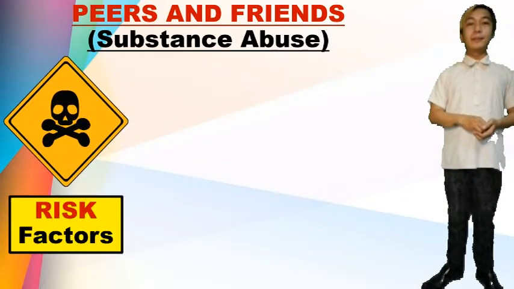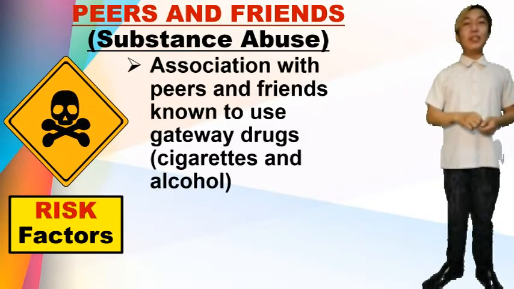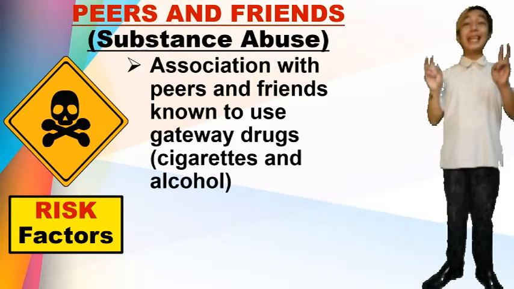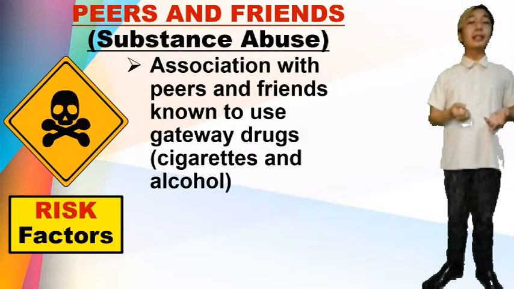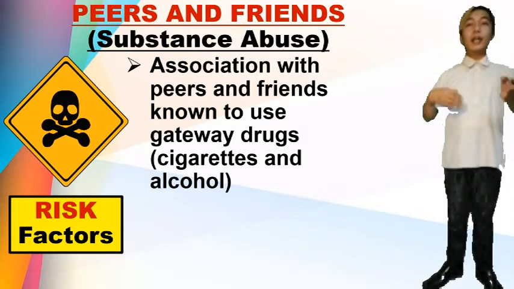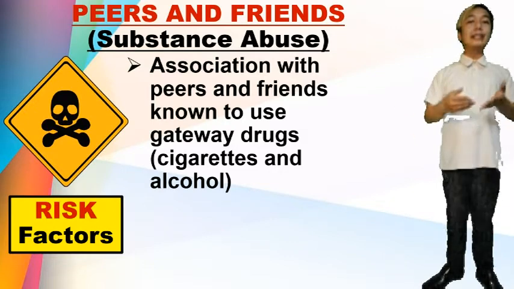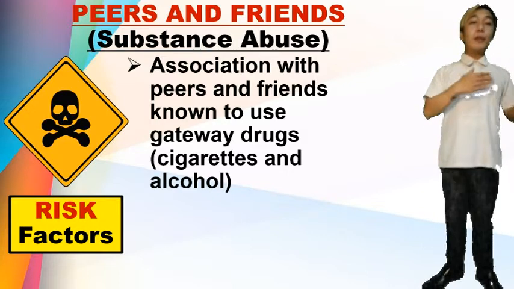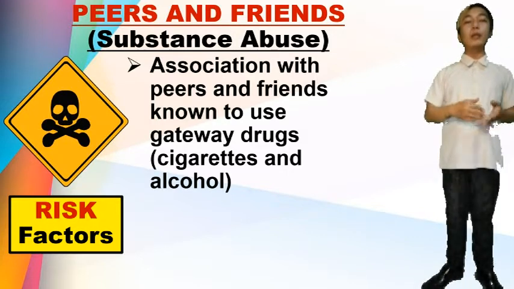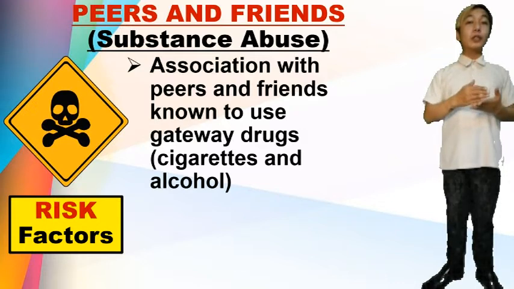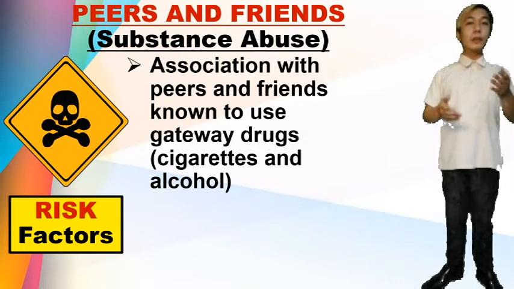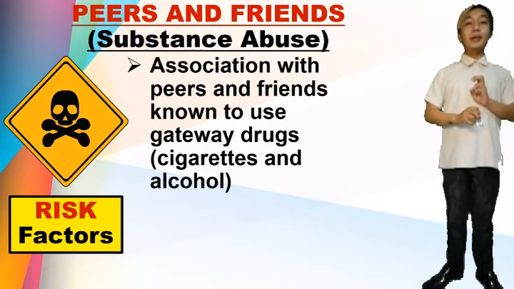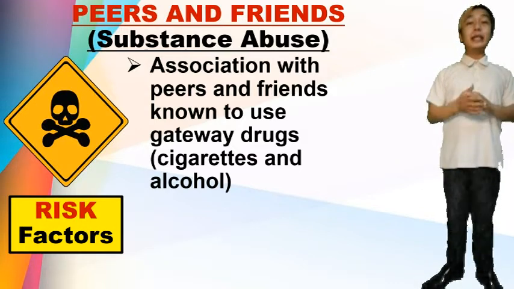So number one, association with peers and friends known to use gateway drugs. So we have a saying that birds of a feather flock together. So if we are joining some of our friends who are using, for example, cigarettes and alcohol, other people will think, even though we are not doing it, that we are also one of them. We also drink alcohol and use cigarettes, and the worst is that you are using illegal drugs.